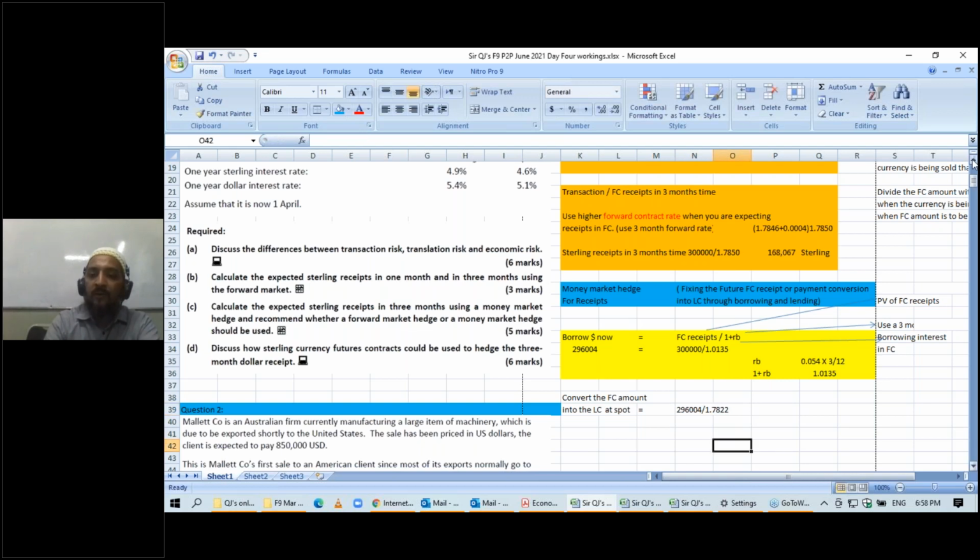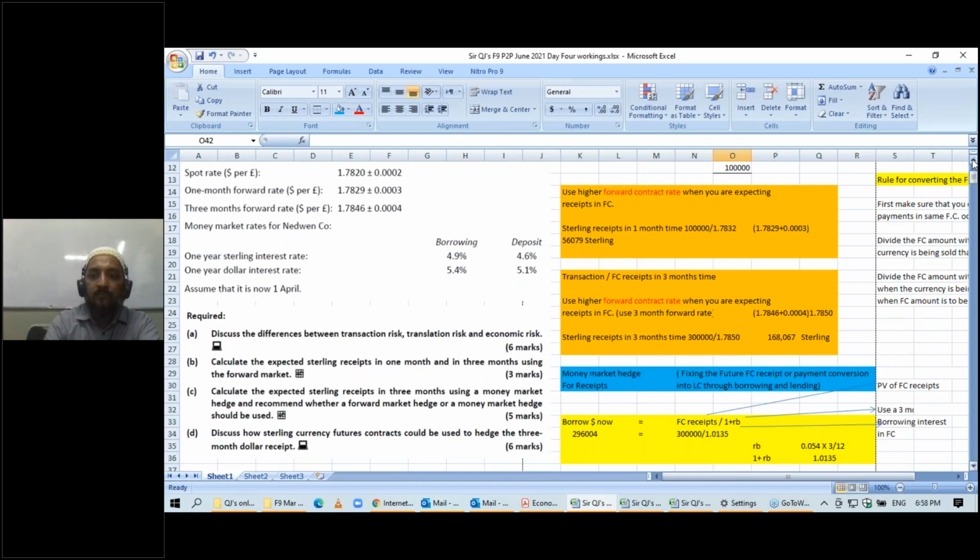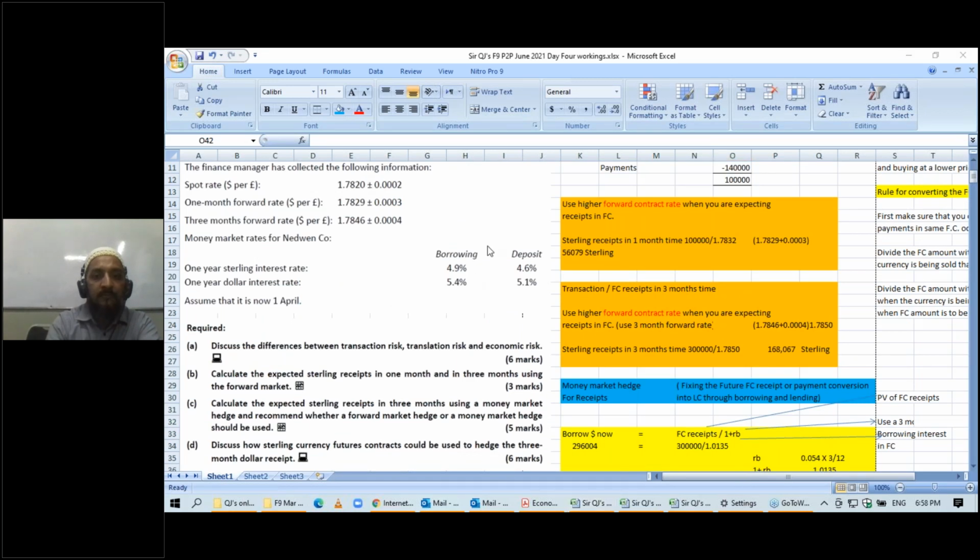Now, how did we arrive at 1.7822? I used the rate 1.7820 and added 0.0002 to get the selling rate, the higher rate. So if you receive a foreign currency amount, use the higher rate. Okay.